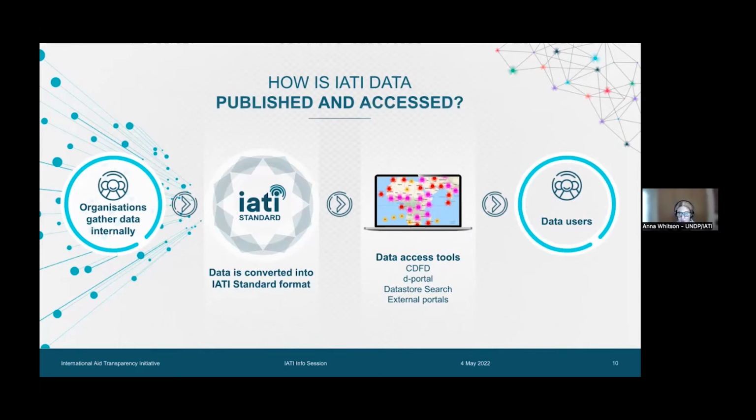They also pull IATI data into their Aid Explorer tool. So again, this data is open and publicly available for other purposes beyond just what we're managing here at IATI. So it then becomes open and available to data users, free of charge. Really, all you need is an internet connection to access it.